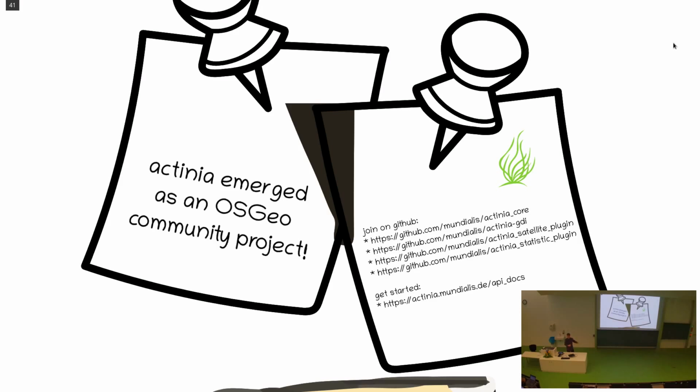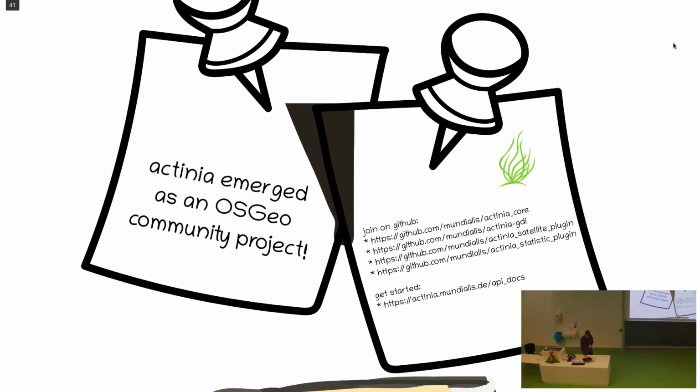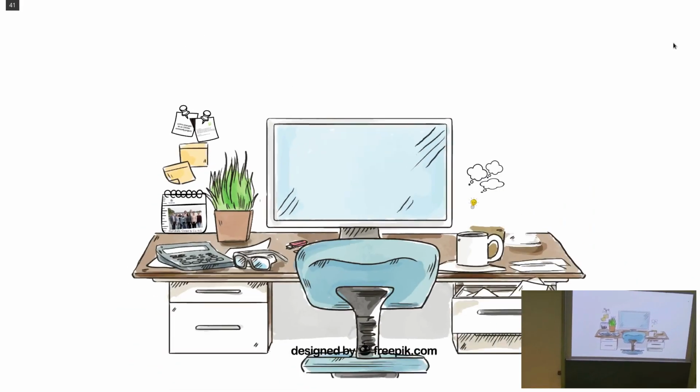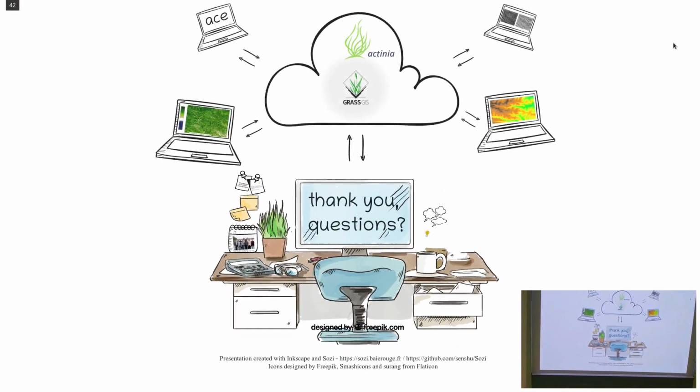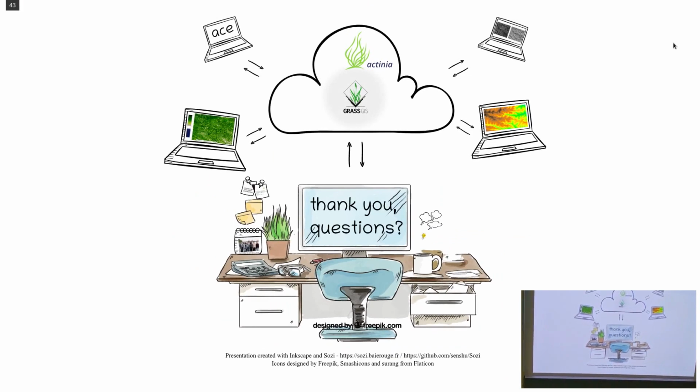Or I have a bounding box and I can retrieve, okay, what maps are available for this area from the metadata server, and you get the stuff back. We have satellite plugin and statistics plugin as separate plugins, and then we have the documentation, of course, of the API. Yeah, I think that's it, and available for questions.